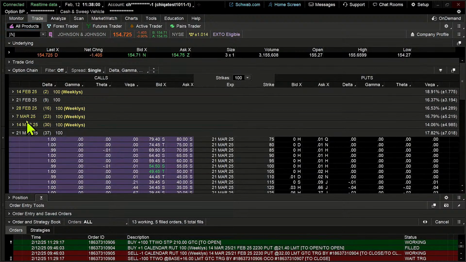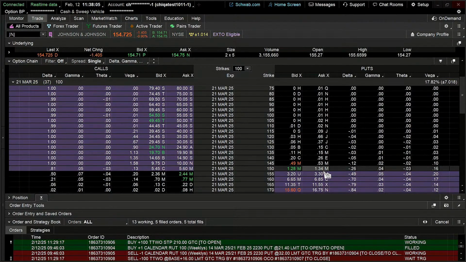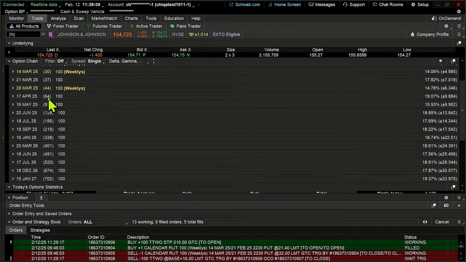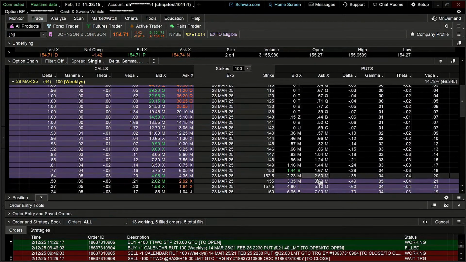And I might go out to the 21 March expiration. Let's just double check our bid-ask spreads. They're fairly tight here. We might even look at that's the 21 March. Let's go look at the 28 March. Those are pretty close too.